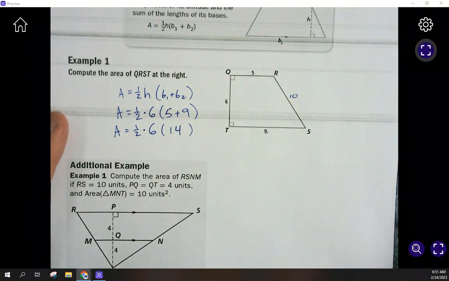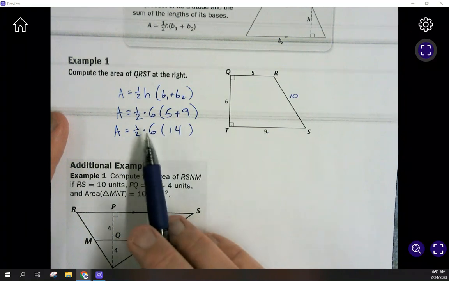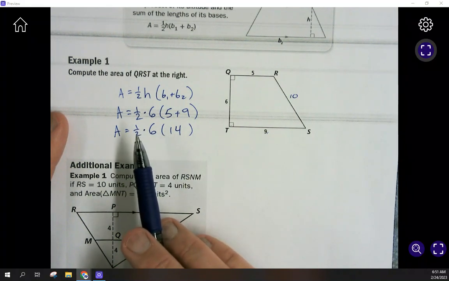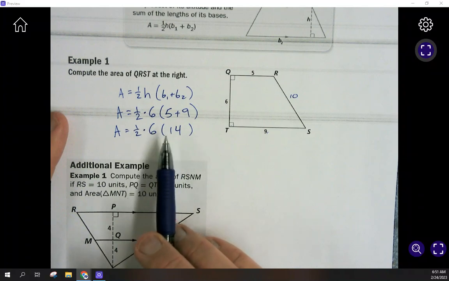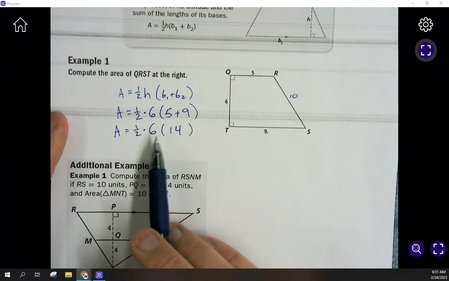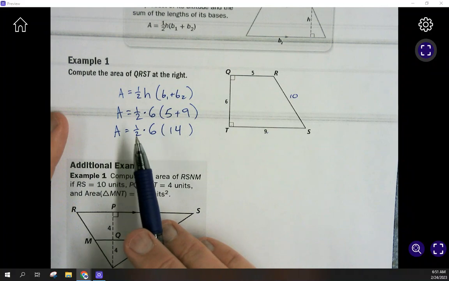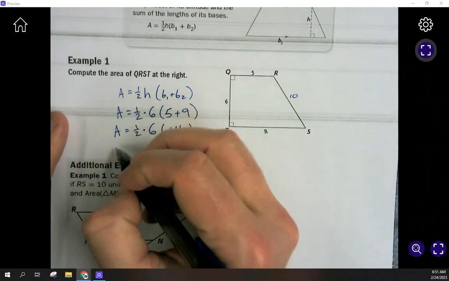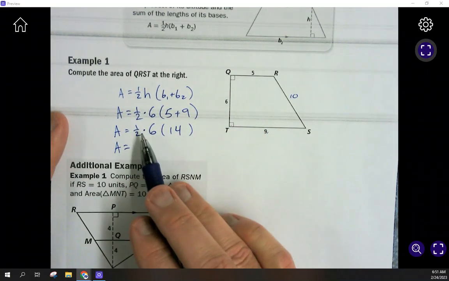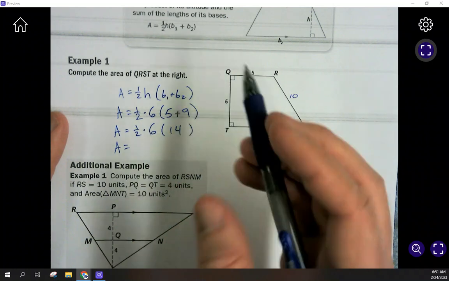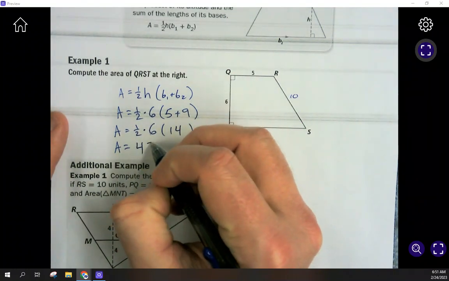So you're going to add those together. That's 14. You can plug it all in your calculator, or if you're doing it mentally, you can just take half of this number or half of this number, or you can multiply these both together and take half at the end. The order of multiplication does not matter. So basically, half of 6 is 3, and then 3 times 14 is 42.